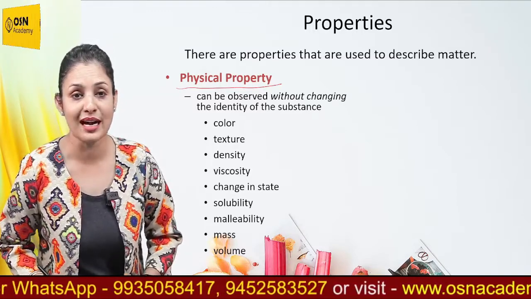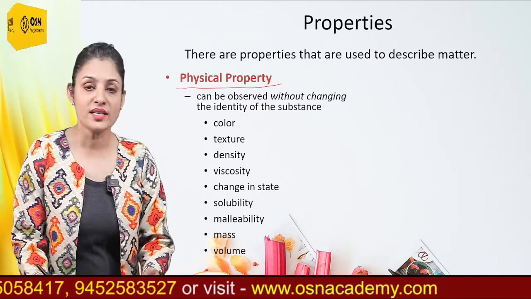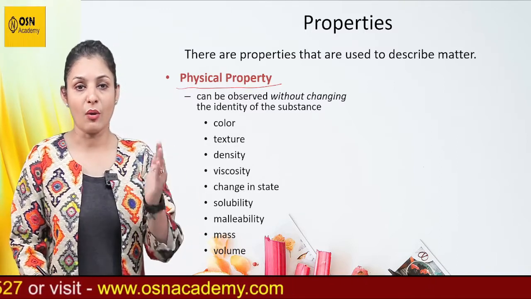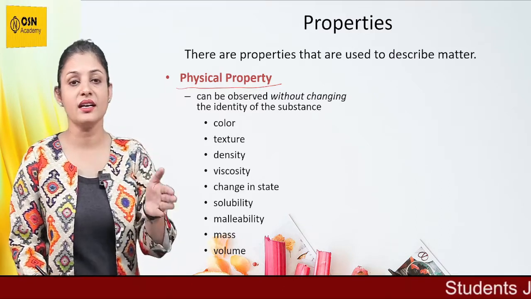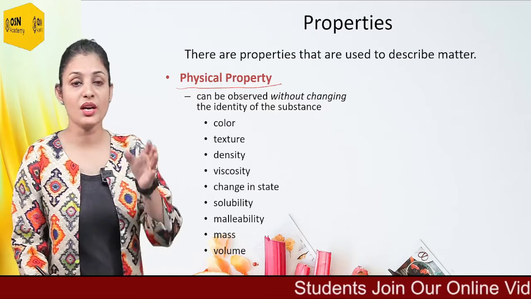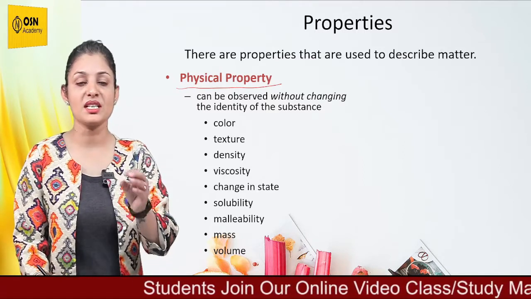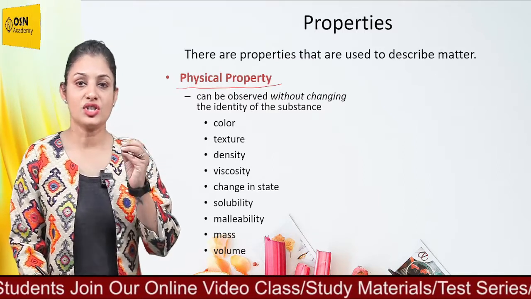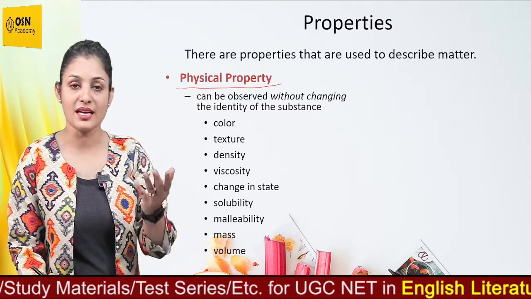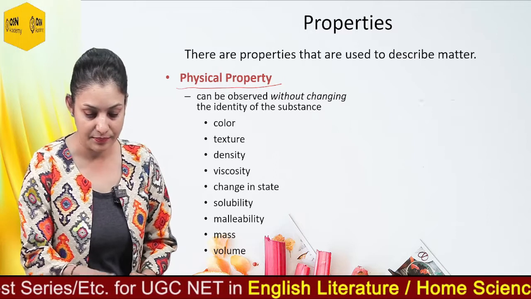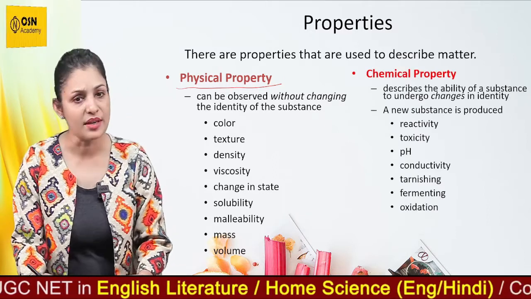So various questions come like, what is a physical property and what are its characteristics. You should know that all those properties which can change, but cannot change the identity of the substance, are called physical properties. And what are the chemical properties?